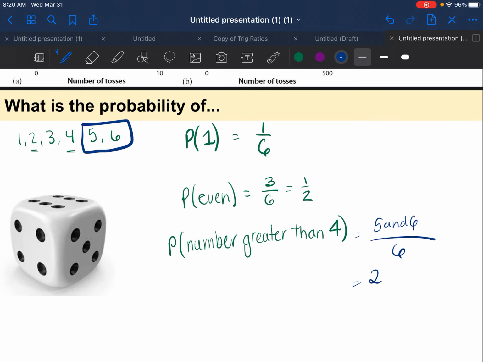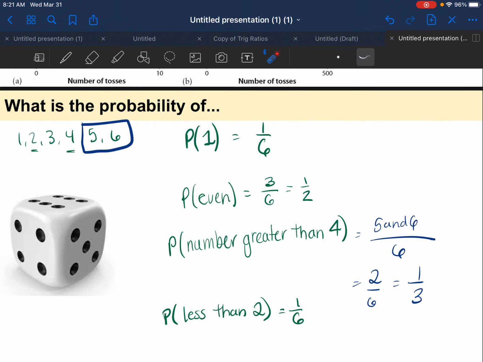So 2 over 6, 1 over 3. What is the probability of getting a number less than 2? Our probability here is only 1 out of 6 because there's only one number that is less than 2.